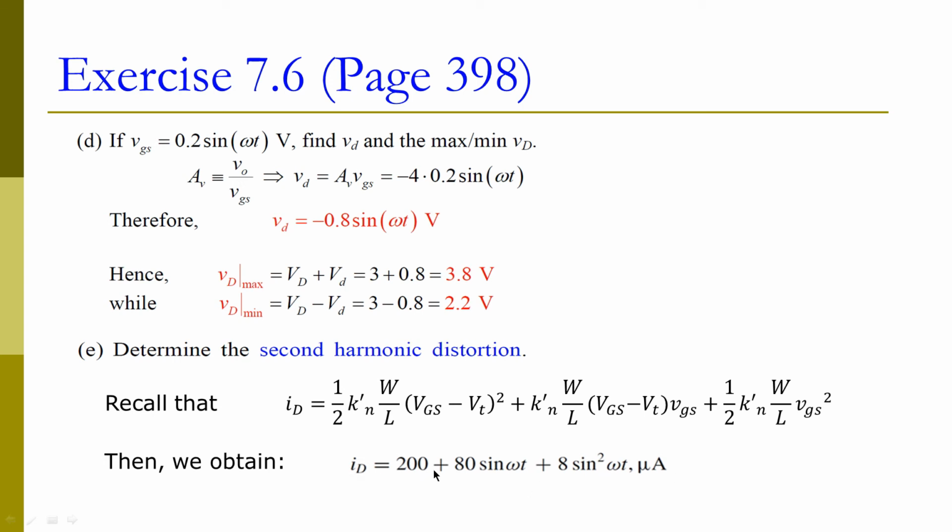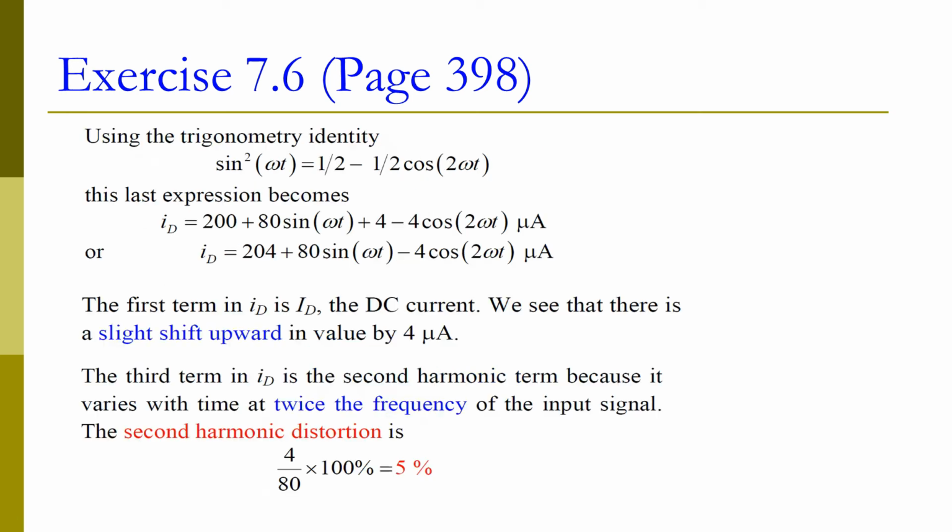That is 200 plus 80 sine omega t plus 8 sine squared omega t. Now that 200 is our DC current. 80 sine omega t is our linear AC current. And the last term contains our harmonic distortion.